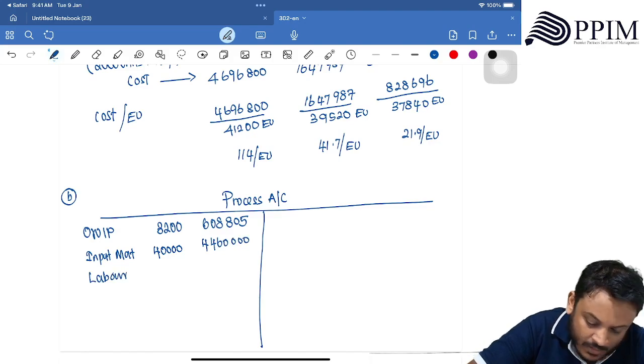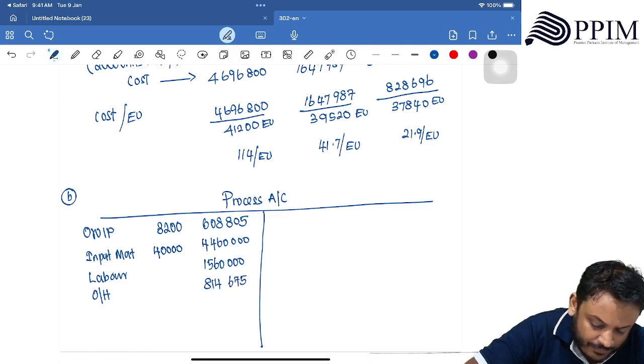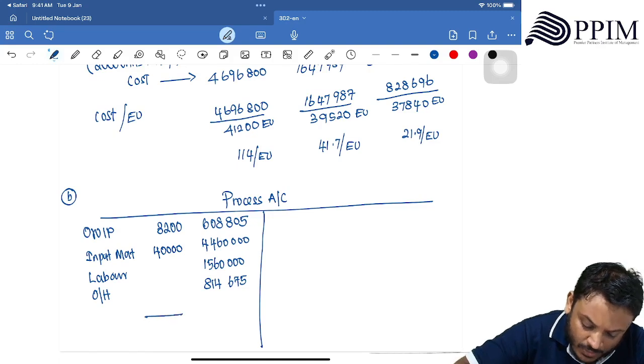Labor 1,560,000. Overhead 814,675. So if I take the units, 43,200, the input cost is 7,443,480.